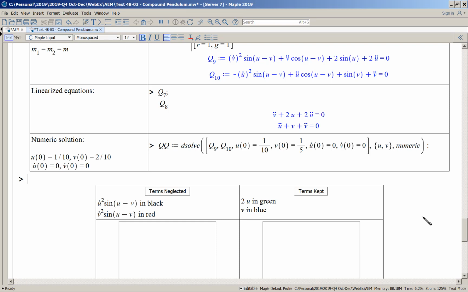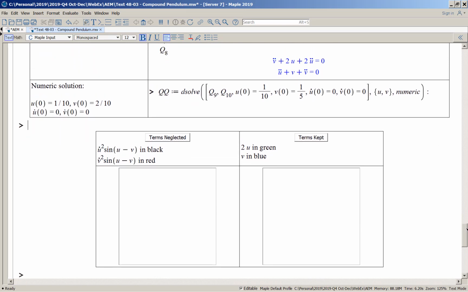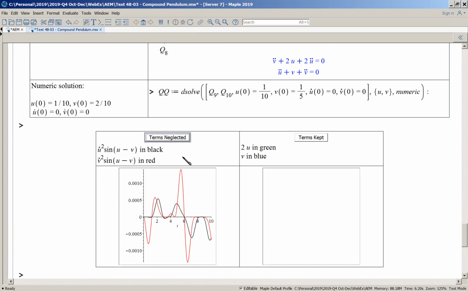And I could never actually see if that was true or not. I mean, I made the assumptions of linearization. How big are the terms I'm neglecting and how big are the terms I'm keeping? Could not do that without a numeric solution. So these are the terms that are neglected, and I've graphed them, and the scale is on the order of 1,000th.